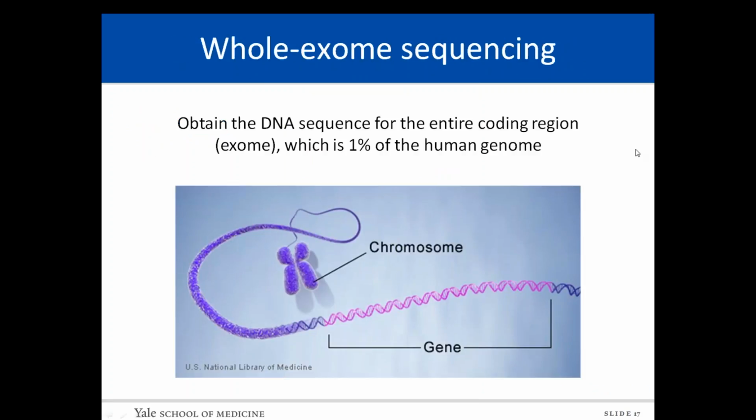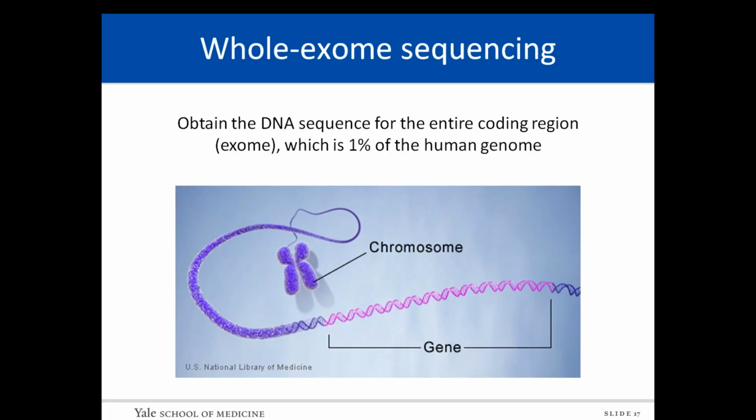In my relatively short research career, I can still remember the time when we studied one gene in one family at a time and could spend years on a gene, which I've personally done. And then high-throughput sequencing came about, which has really revolutionized and accelerated our research into the genetics of autism. An example is whole exome sequencing.